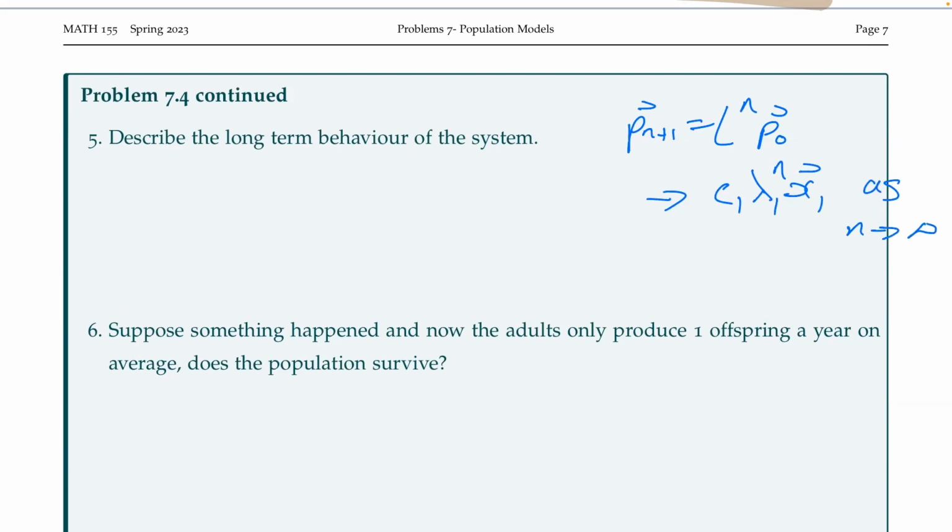So what do we know about this? Well, lambda 1 was 1.03. So we're going to be taking 1.03 to the power of n. This is greater than 1, so when we take this to the power of n, it's going to be getting larger and larger and larger. So this tells us that the population is going to be growing exponentially.